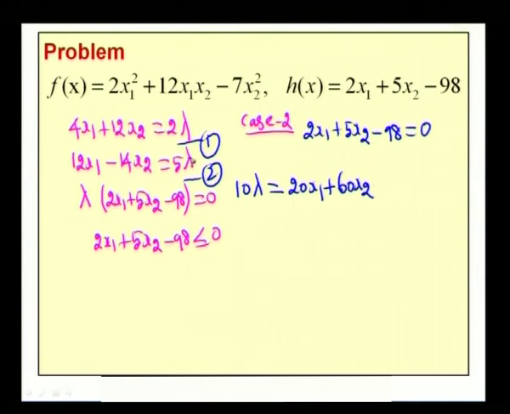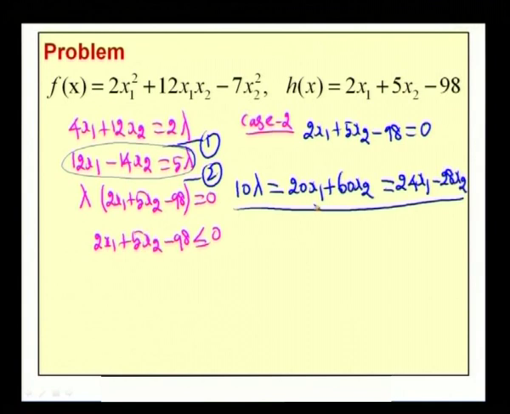By multiplying equation 2 by 2, we get 10 lambda equal to 24x1 minus 28x2. So, with the help of equations 1 and 2, we have 10 lambda equal to 20x1 plus 60x2 equal to 24x1 minus 28x2.